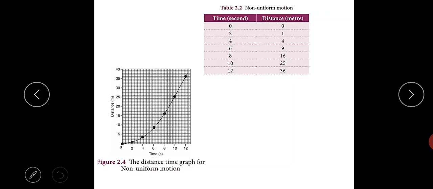So when you plot the graph, it is not a straight line like we got in the uniform motion. Yes or no? In uniform motion it was constant, it was straight. Here the distance covered with respect to time is not equal. We are not getting a linear line. Instead we have a non-linear variation of the distance traveled by the car with time.